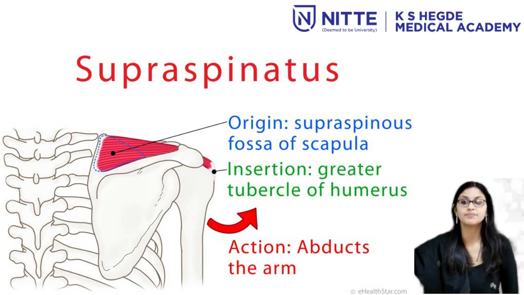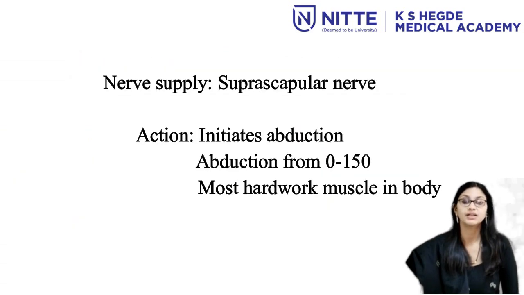Insertion of this muscle: the muscle fibers run laterally and get inserted to the upper flattened impression of the greater tubercle of the humerus and the capsule of the shoulder joint. The nerve supply is by the suprascapular nerve.